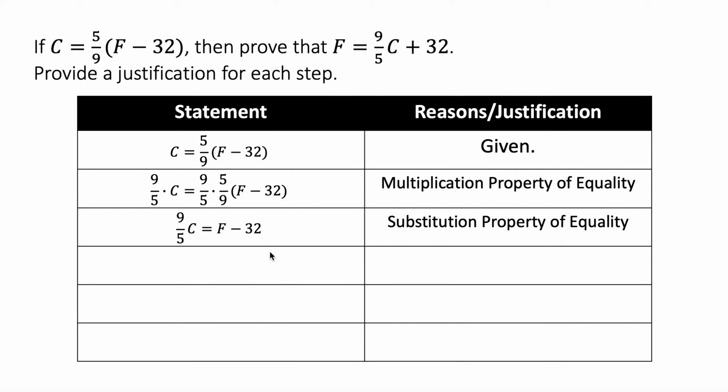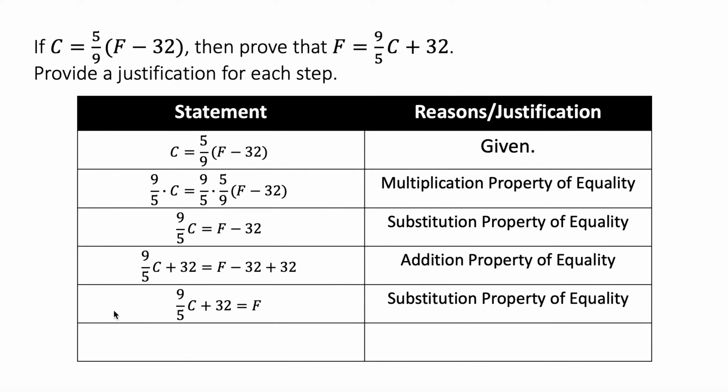And we need to add 32 to both sides, so that's the addition property. And then we simplify that. But now we've got the F on the wrong side, so something equals F. We change that to F equals something. That's called the symmetric property. And we're where we need to be. Okay, so that was 2 sort of algebraic proofs.